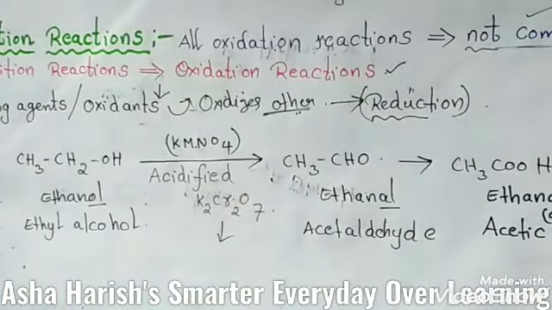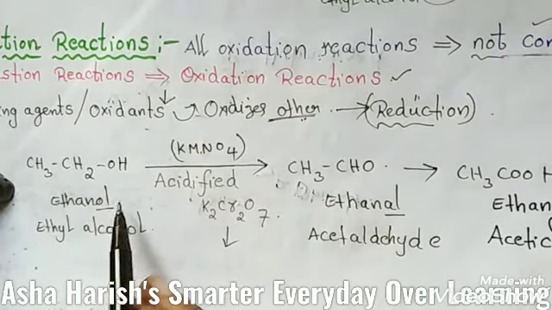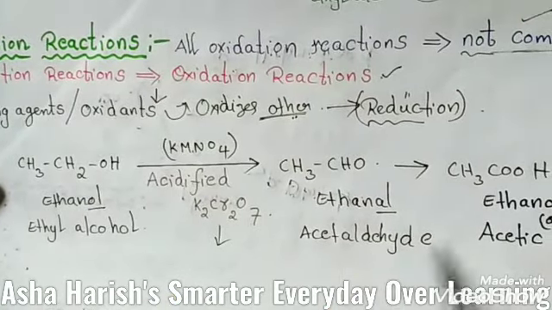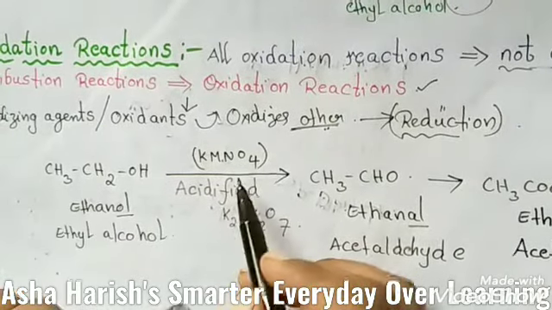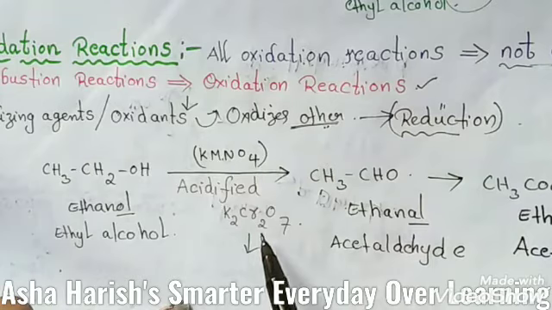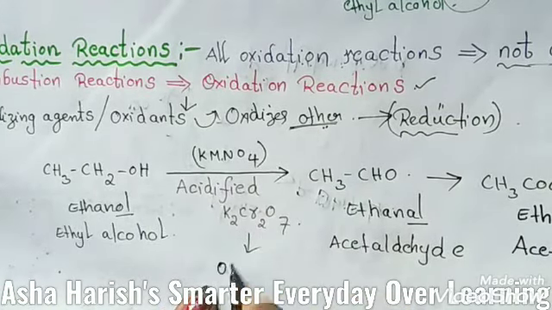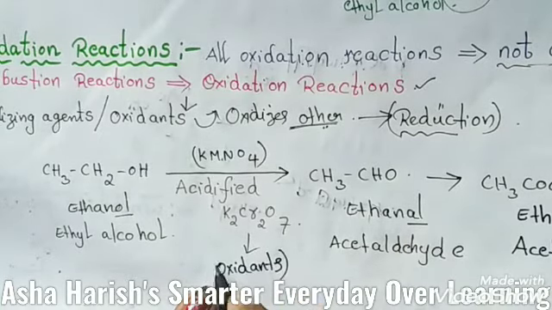Here ethyl alcohol undergoes oxidation to form acetaldehyde and finally acetic acid. Here these two, KMnO4 and acidified potassium dichromate K2Cr2O7, are acting as oxidants, nothing but oxidizing agents.